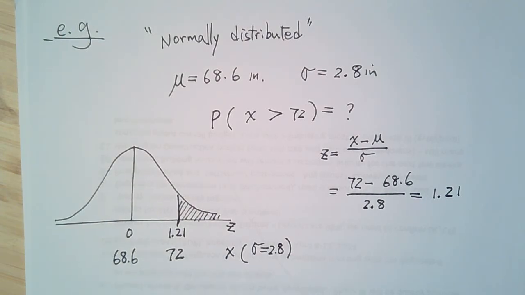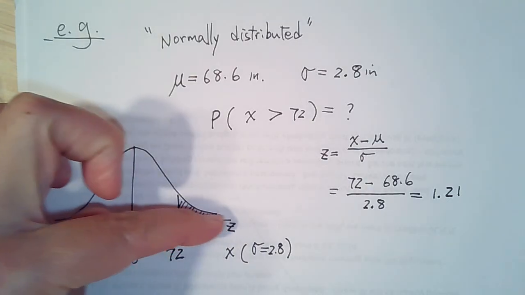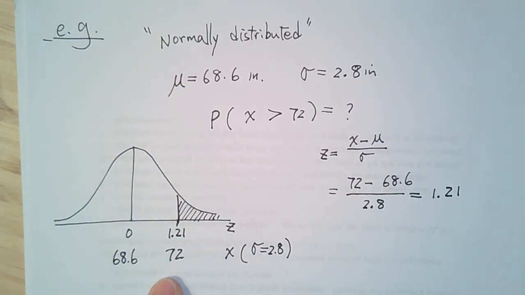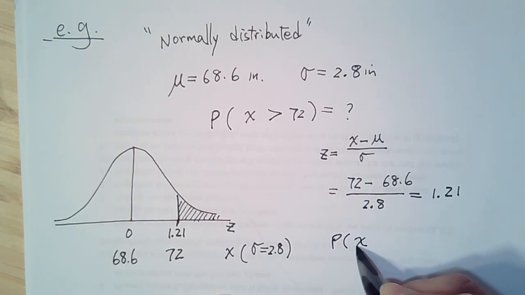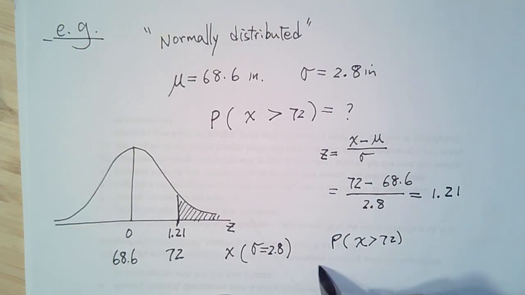Make sense? Because I'm just using this line to show the same thing. Now I'm looking for the probability that x is greater than 72. That should be the same as z greater than 1.21.